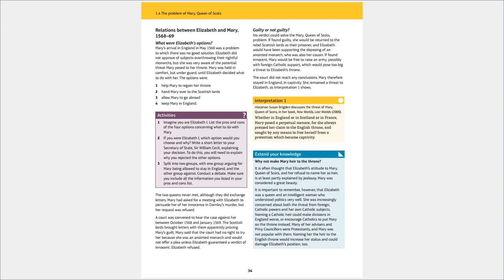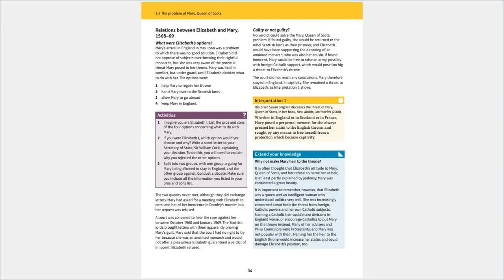You should have seen from the documentary, and you're about to see from some of the reading, that Mary herself made some fairly unwise decisions, was quite reckless in her personal relationships, and put herself in some serious difficulty where she had to rely on Elizabeth.